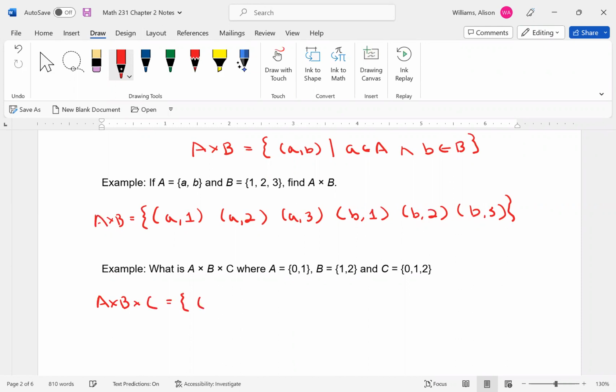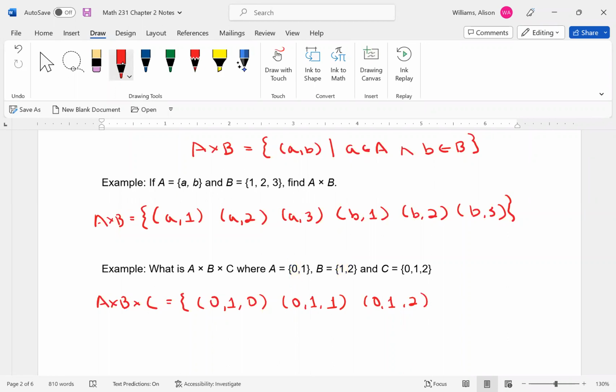Okay, here we go. We're going to start with 0 from A, and then I'm going to do 1 from B. That's how I'm going to start myself off. So 0 from A, 1 from B, and the thing I'm going to change is C. So first is (0, 1, 0), and then I'll do 0, 1 again, but this time with 1, and then 0, 1 again with 2. Okay, there we go.